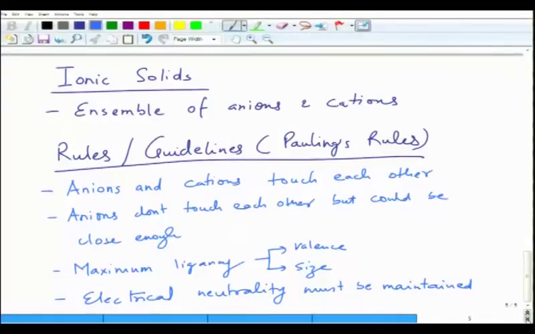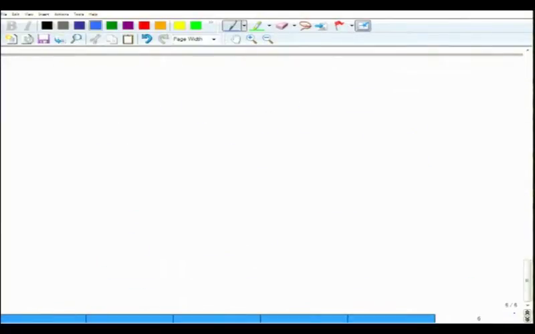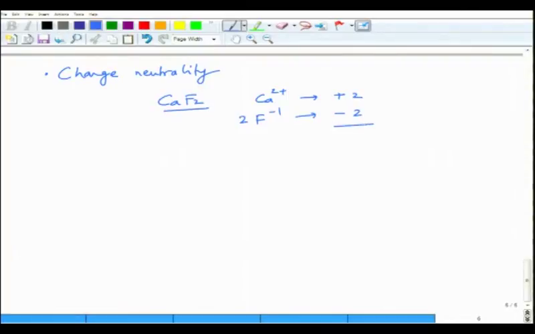So, let us see how we go about making this structure. When you talk about charge neutrality, for instance, you have CaF2. Ca is a Ca plus 2 cation, it has plus 2 charge, and fluorine is minus 1, you have 2 of minus 1, you have minus 2, net charge is equal to 0.